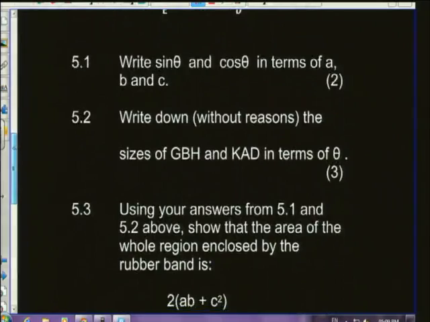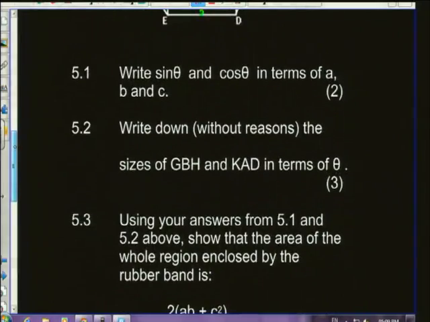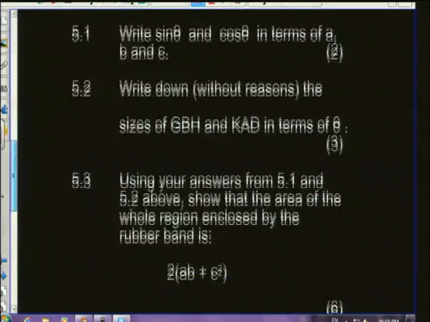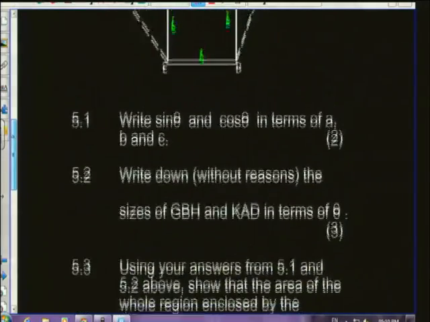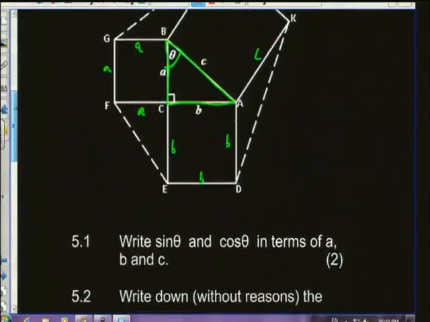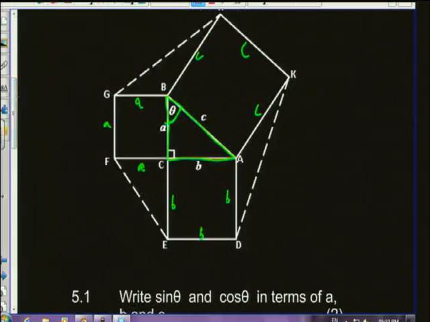Now, first question, we need to write sine theta and cos theta in terms of A, B, and C. We need to look where our theta is. Theta is here. We've got A, B, and C. In this diagram, we can work out what sine is.